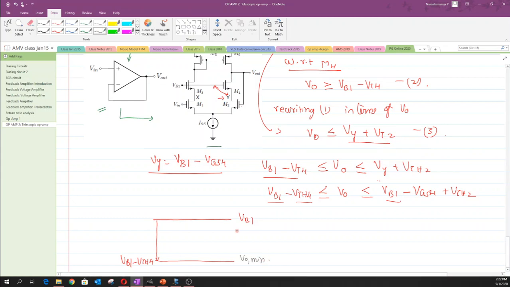Now let us mark our Vo maximum condition with respect to the same upper bar of Vb1. Again one could see that it is a kind of Vgs minus Vth.